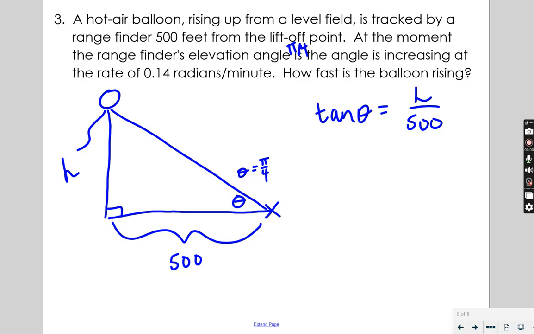What's the derivative of tangent? Secant squared. Yep. So secant squared theta times d theta dt equals, please don't do quotient rule for this. This is the same thing as 1 over 500 times h, so it'd be 1 over 500 times dh dt.